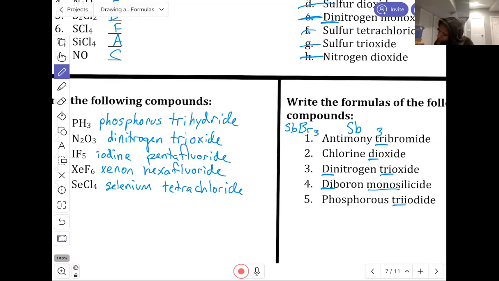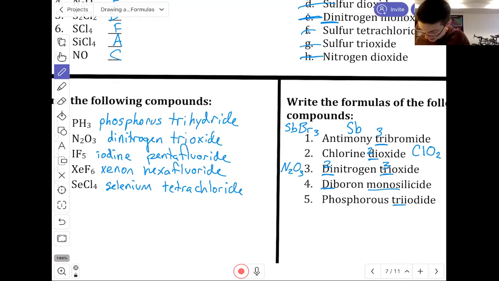And in the second one, we only have the prefix di, which stands for 2. So what is that formula? ClO2. Okay, so we have a di again, which is a 2, a tri again, which is a 3. So what is that next one? N2O3.